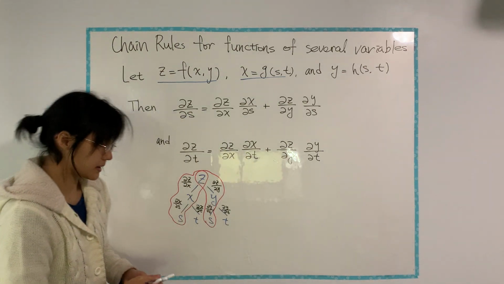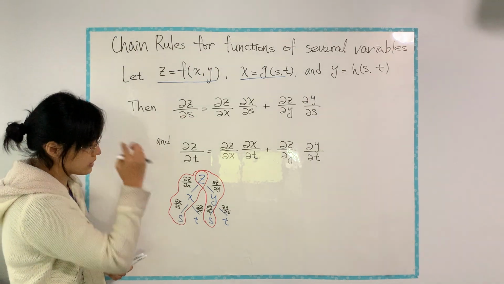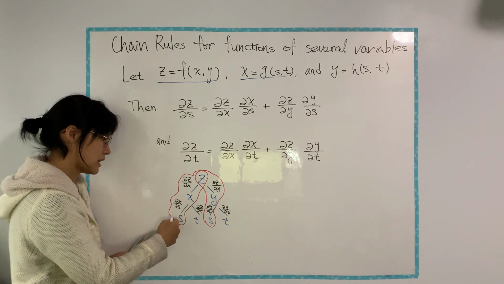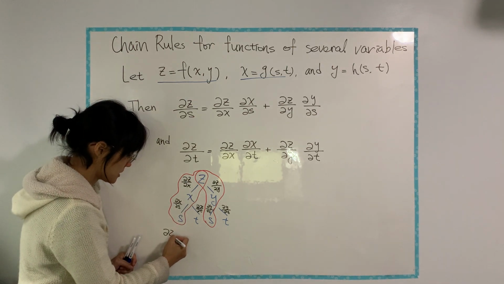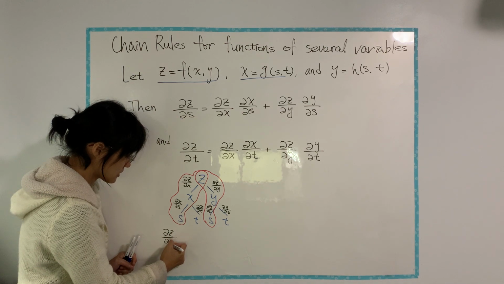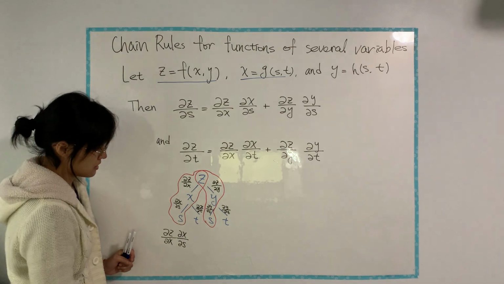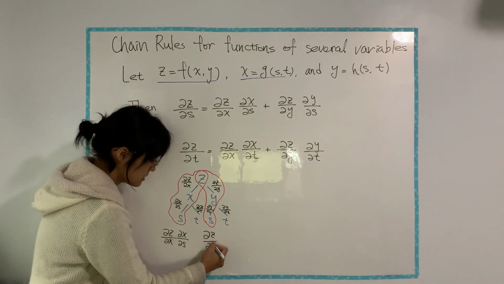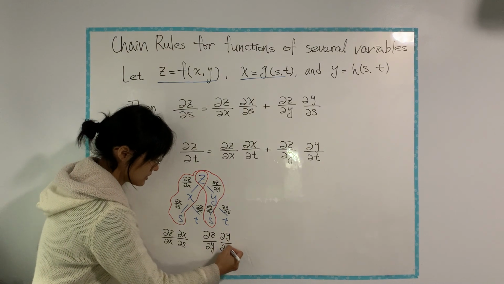All right, and I'm gonna write down the things accordingly. So whatever is on the same branch, I multiply them together. So the first branch gives me dz dx times dx ds. Second branch gives me dz dy and dy ds.